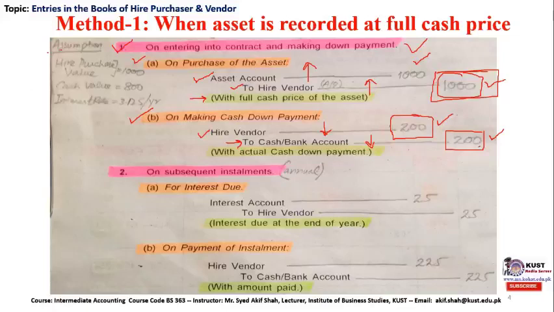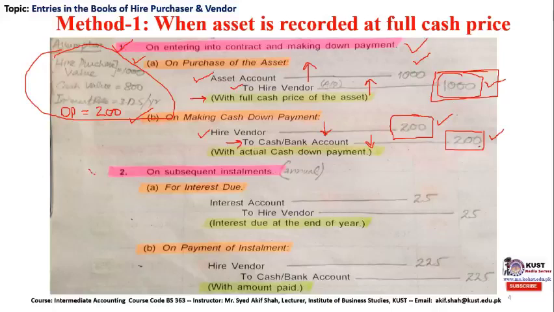So here in this hire purchase agreement, the down payment was decided, DP we can write down over here. The down payment was decided as 200 rupees. And the rest of the amount pertaining to the 1000 of the total hire purchase price shall be paid in annual installments.